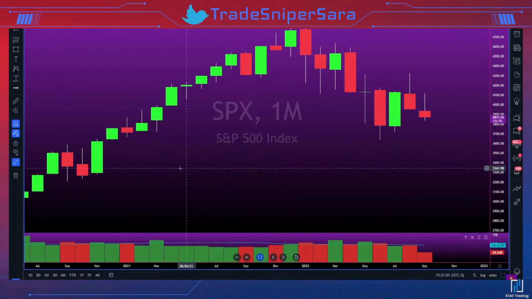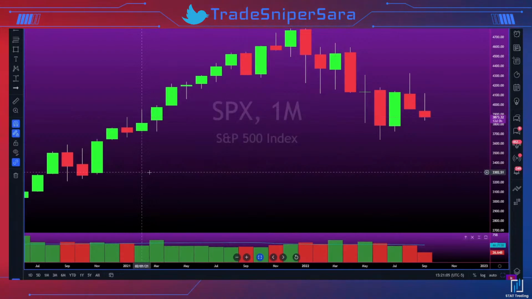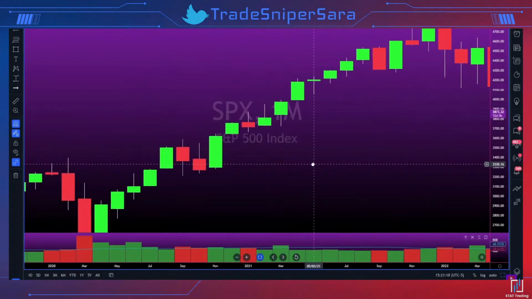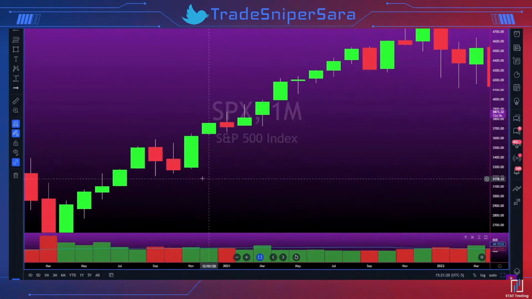And I don't want people becoming dependent on strat indicators. I want you to see these things for yourself and be able to call them out on a chart when you see them. So a 1, like we said, is an inside bar.